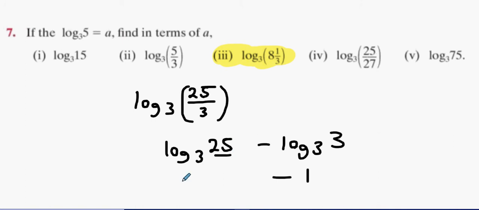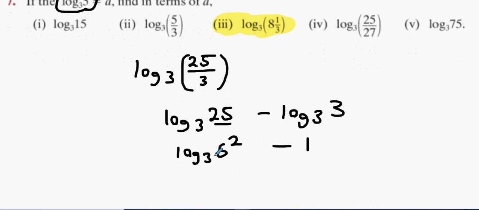Turn 25 into what? What's the hint? You want a 5 out of that. So how do we do that? 5 squared. Daily, what do we do with the 2? That 2 there. Put it in front, good man.